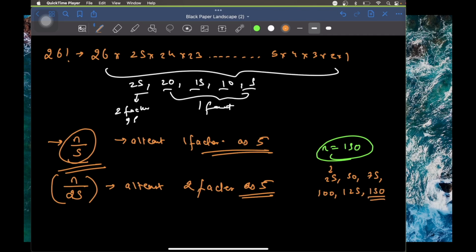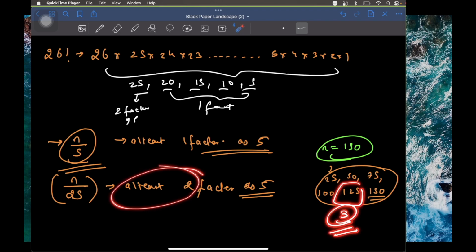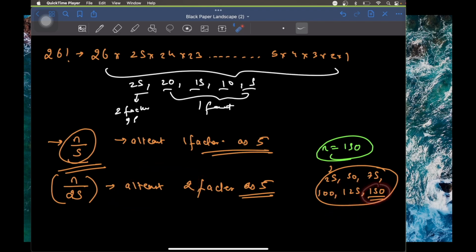Can I say all these numbers not only have one factor of 5 but two factors of 5? At least two factors of 5 are there. See, 25 has two factors of 5, 50 has two, 75 has two, 100 has two, 125 has technically three factors, but we are talking about at least two factors. And so is 150, having at least two factors.